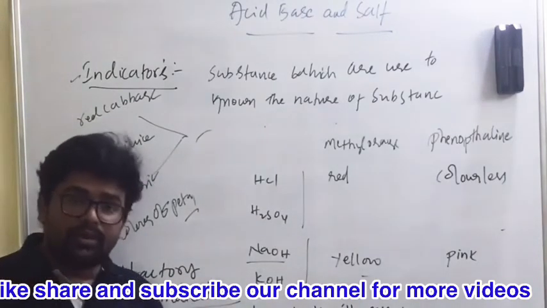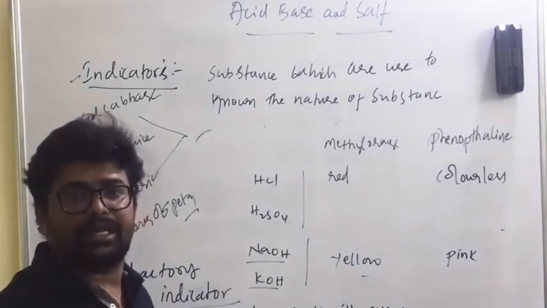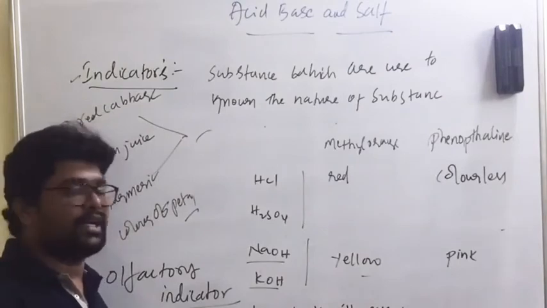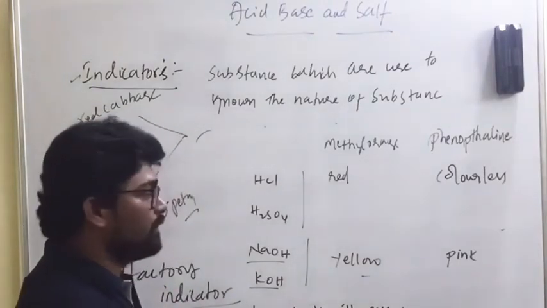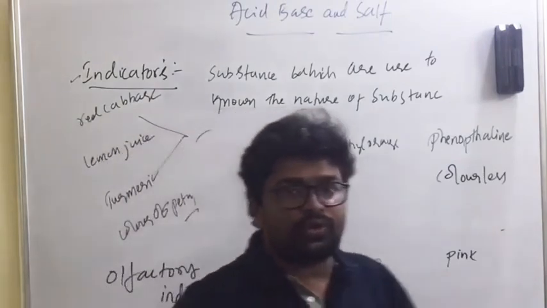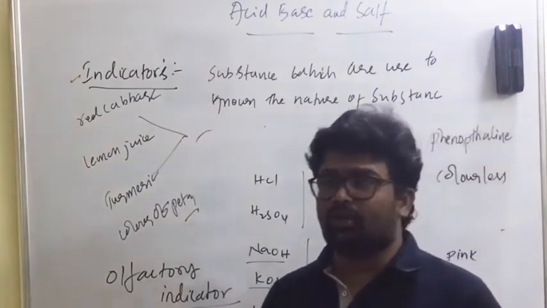If they change their smell in acidic or basic medium, those type of indicators we call olfactory indicators. These are the examples of olfactory indicators. So with the help of these indicators, we can identify the nature of substances as acidic or basic.